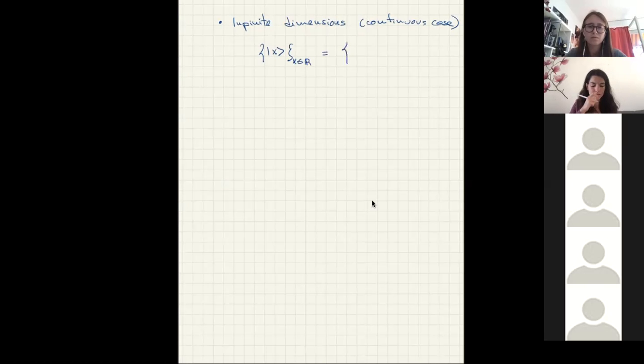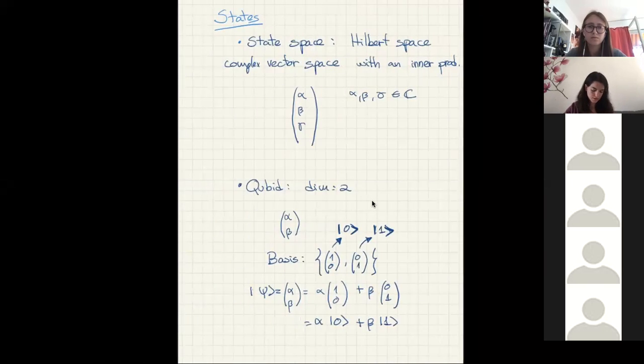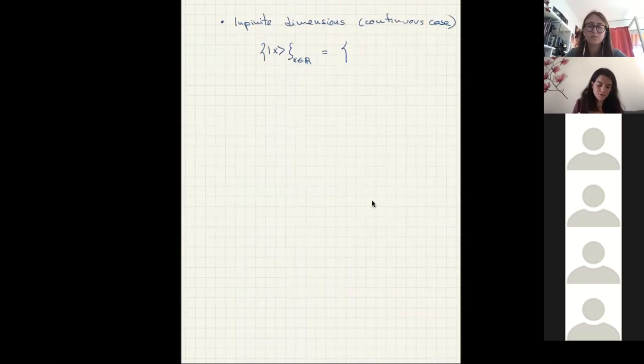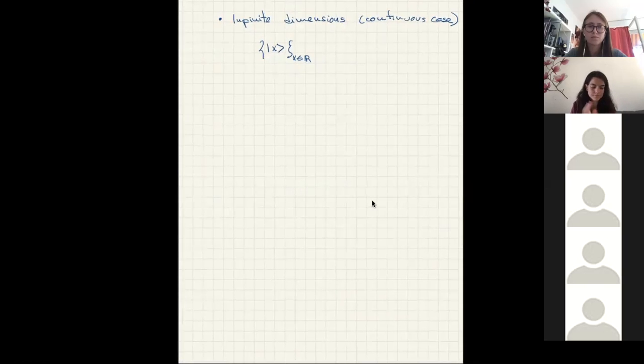And which is just this, right? So it's an infinite basis with elements in R, and X is their name. And later on, we'll call this the position, but we don't care about this for now.